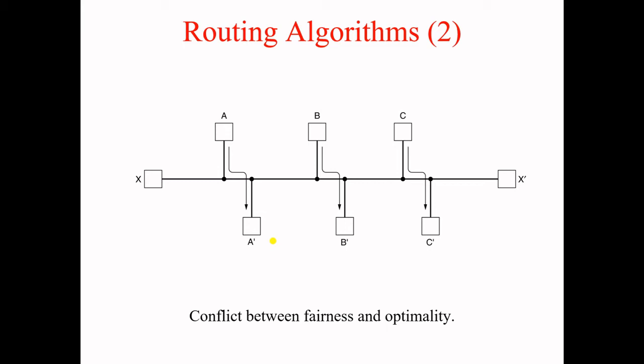Some compromise between global efficiency and fairness to individual connections is needed. Before we can even attempt to find the trade-offs between fairness and optimality, which is shown in this diagram, we must decide what it is we seek to optimize. Minimizing mean packet delay is an obvious candidate, but so is maximizing total network throughput.